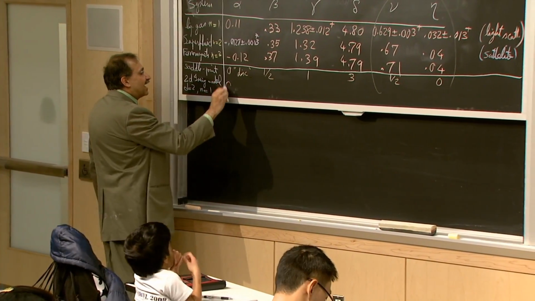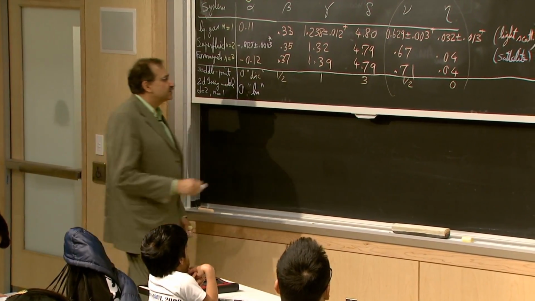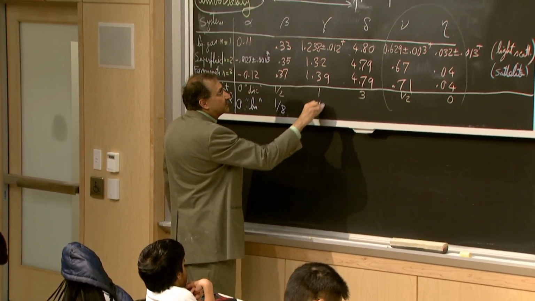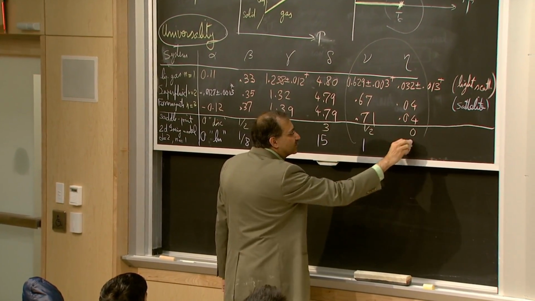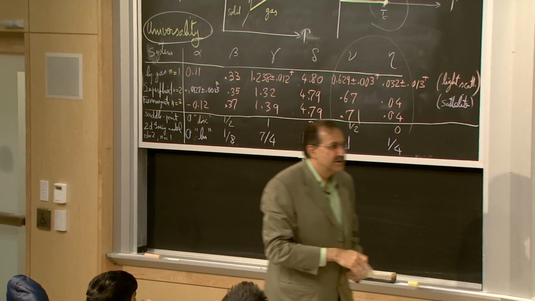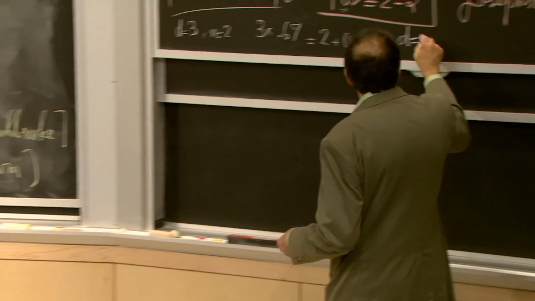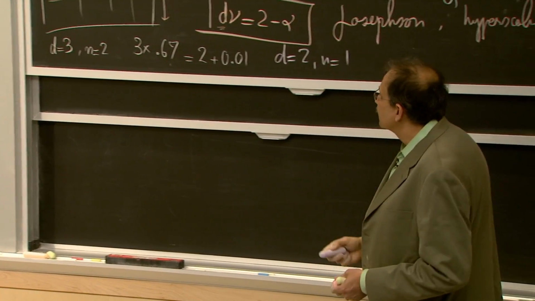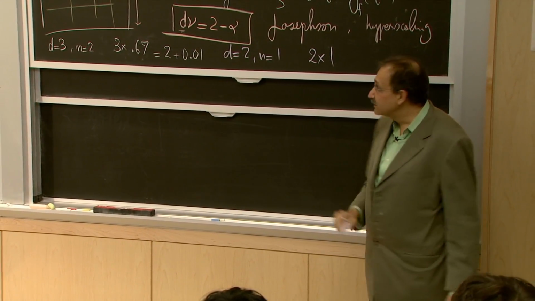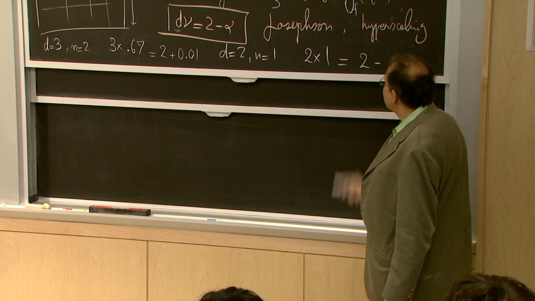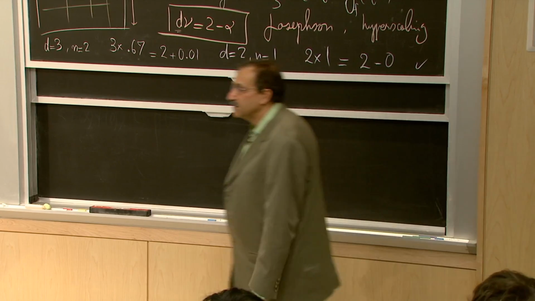And the exponents for that: α is 0, but it really is a logarithmic divergence. β is 1/8, γ is 7/4, δ is 15, ν is 1, and η is 1/4. And we can check now for this, d equals 2, n equals 1, that we have 2 times ν, which exactly is known to be 1, is 2 minus the logarithmic divergence corresponding to 0. So again, there's something that works.